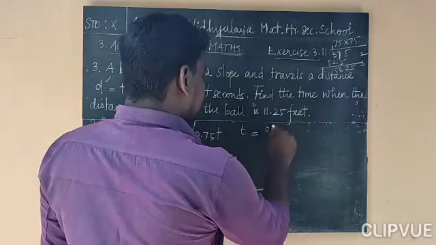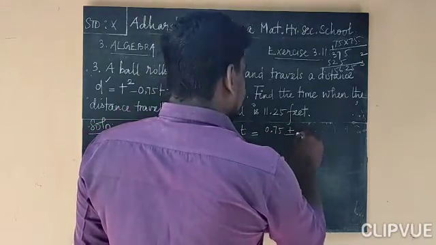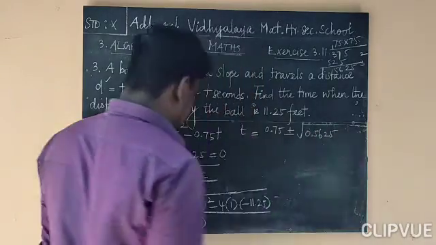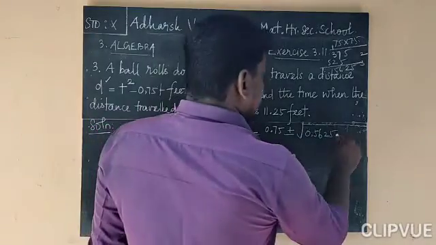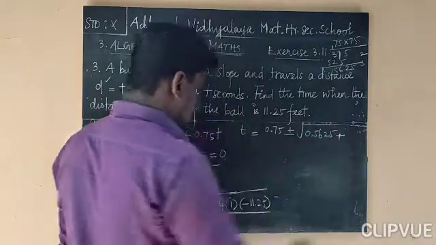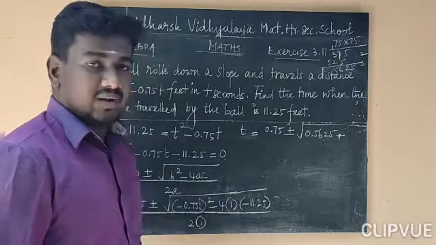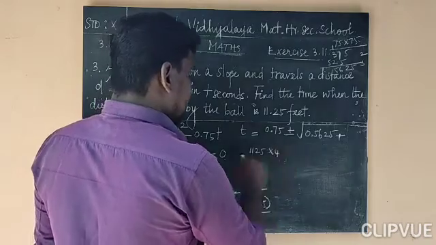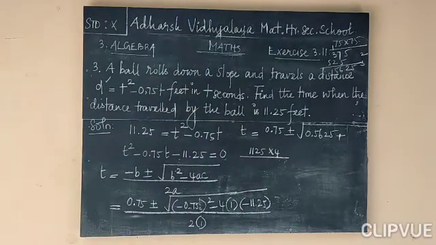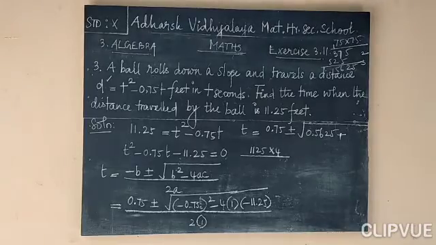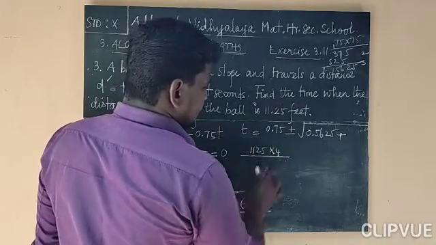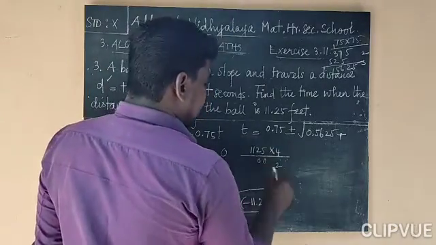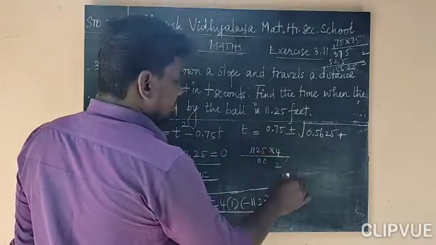So 0.75 plus or minus root of 0.5625, this minus into minus plus, so 4 into 11.25, what is the value? 1125 into 4. When you multiply this, 4 into 5, 20, remaining 2, 4 into 2, 8, 10, remaining 1, 4 ones are 4, 5.